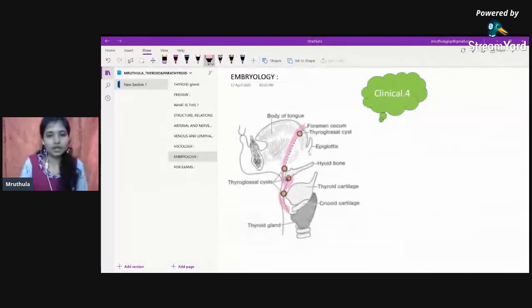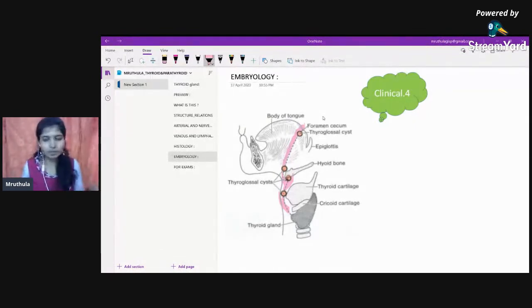So the clinical correlation here is, normally, the thyroglossal duct will take the thyroid gland, drop it in the location where it should be, and then the thyroglossal duct will disappear.